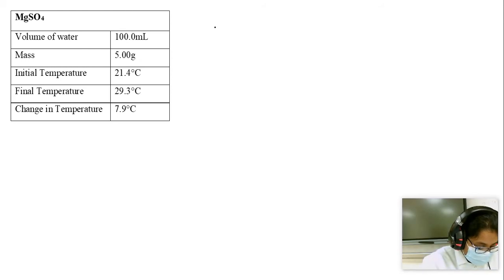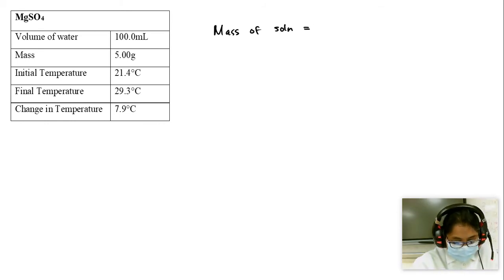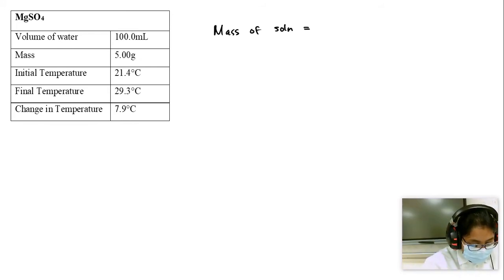So the mass of the solution is basically the water and the salt together. So 100 milliliters of water, the density of water is approximately 1 gram per milliliter. So you can say that 100 milliliters is 100 grams. So mass of the solution is going to be 100 grams plus 5 grams. So that's going to be 105 grams.